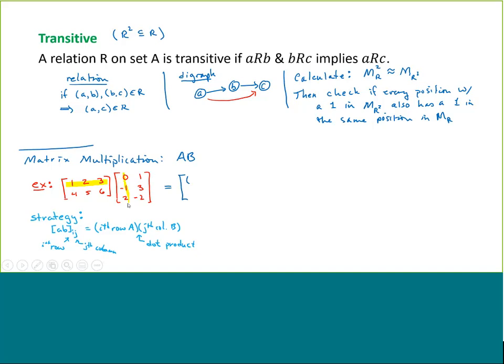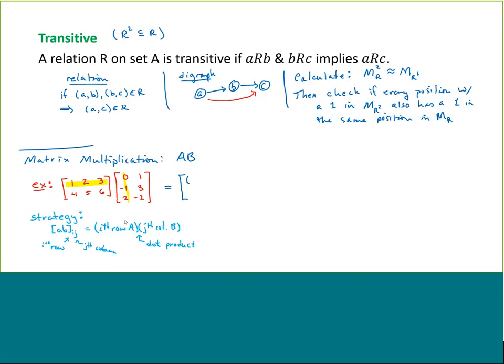This dot product says I have a whole list of numbers to multiply, but I need just one entry. So you multiply the corresponding positions together, and then add all of those products.